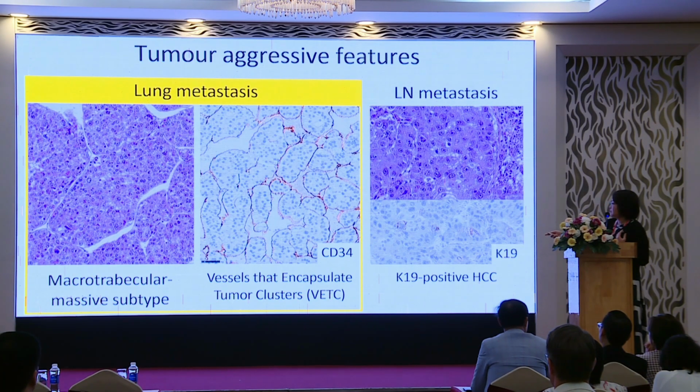Macrothoracic massive subtype and the vessels that encapsulate tumor clusters, which we often call VTC. These patterns strongly correspond to lung metastasis. And also keratin-19 positive ACC has a correlation with the risk of lymph node metastasis.